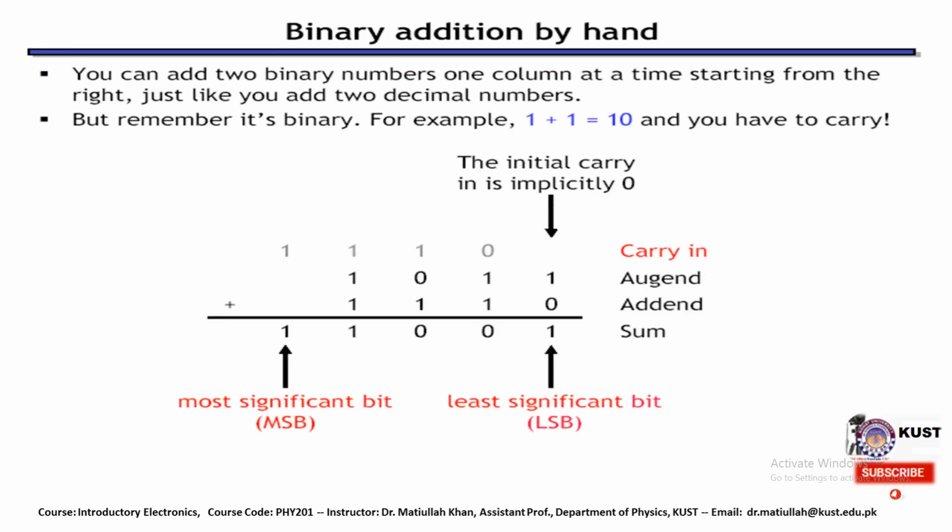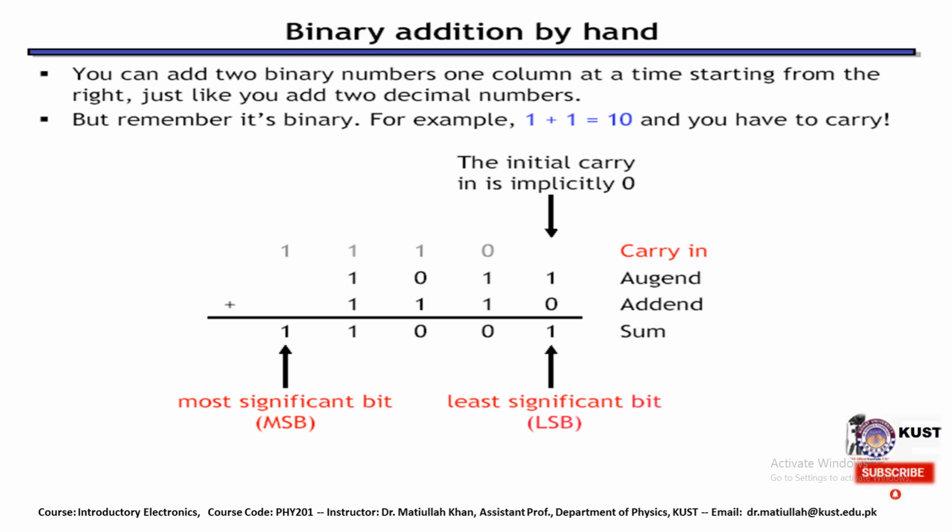We already discussed the different number systems. In that, the most important was the binary number system that is used in digital electronics. The binary number system has two digits, that is 0 and 1. Besides the binary number system, we already discussed the octal, decimal, and hexadecimal number systems.